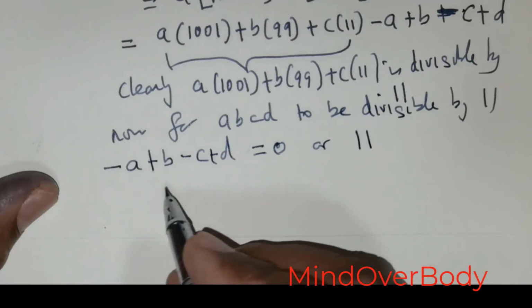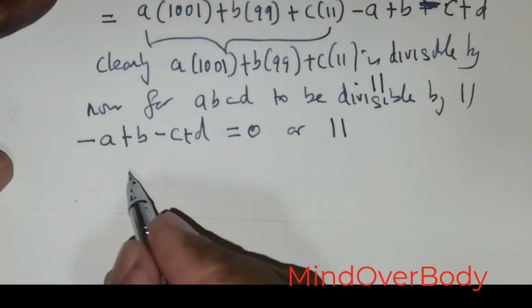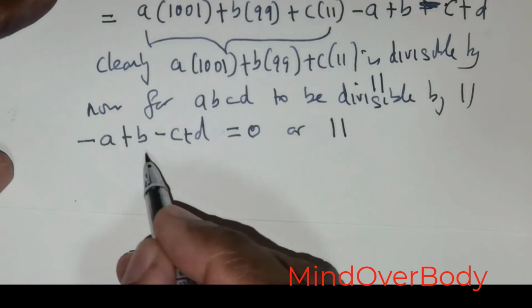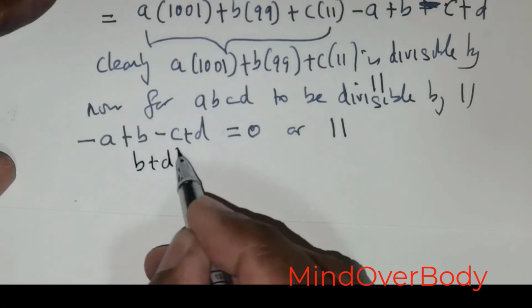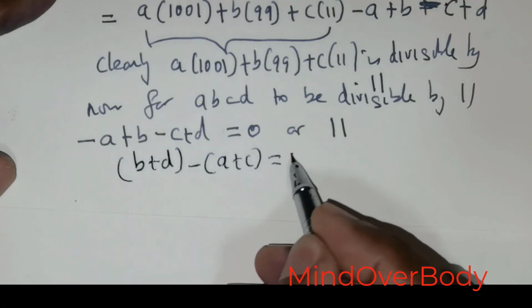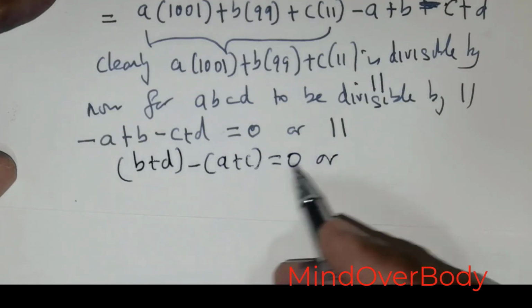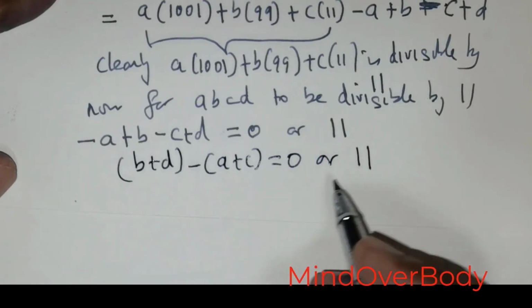So what is the meaning of this? If I were to rewrite this, it can be rewritten as B plus D minus A plus C, which should be equal to 0 or it would be equal to 11.